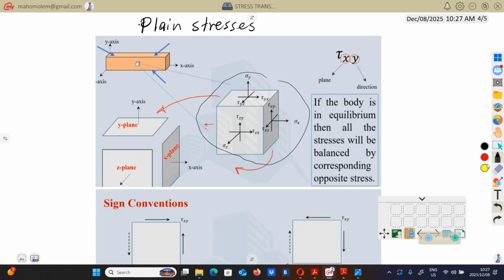So from this element, we're going to have what we call X phase and the Y phase or planes. So this side, we're going to call it X plane, and then this side, we're going to call it the Y plane. So this is the 3D, but in 2D, you'll have something like this.